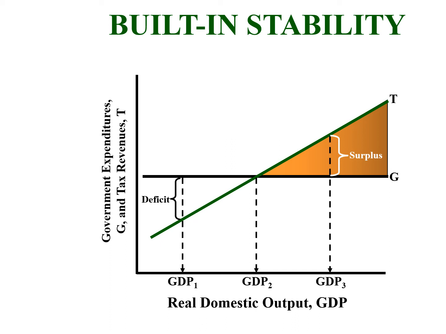The tax curve, T, that upward sloping line, what is that telling us? Notice that during a recession, which is GDP 1, the government will collect less tax revenues. Fewer people are working, right? Fewer goods and services are being produced and sold, so personal income taxes fall, corporate income taxes fall.